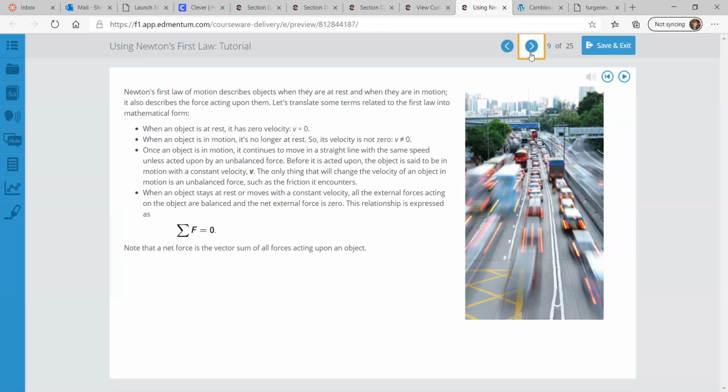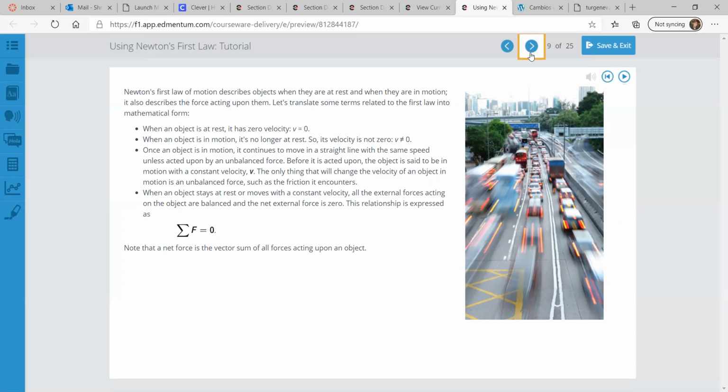It's not going anywhere. When an object is in motion, it's not at rest, so the velocity is not 0. If it's at rest, velocity is 0. If it's moving, velocity is not 0, and we say that by v does not equal 0.